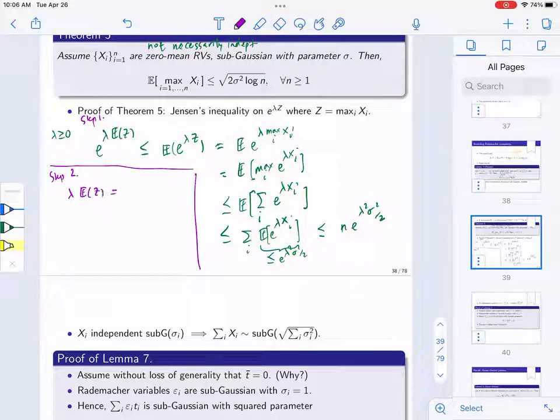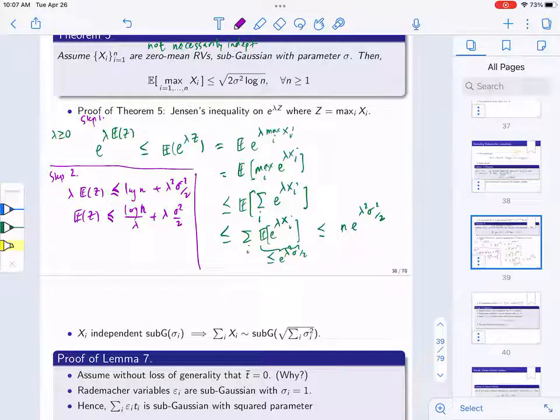Take the log: we get log n plus lambda squared sigma squared over 2. Or I get E[Z], the quantity I want, is at most log n divided by lambda plus lambda sigma squared over 2. Now I have a bound parameterized by lambda. What should we do?